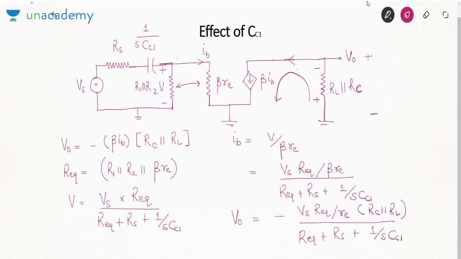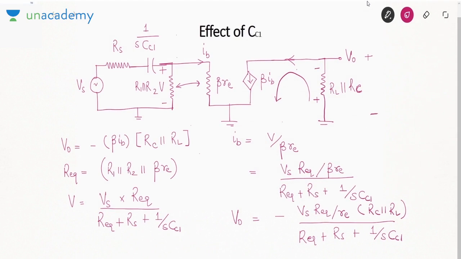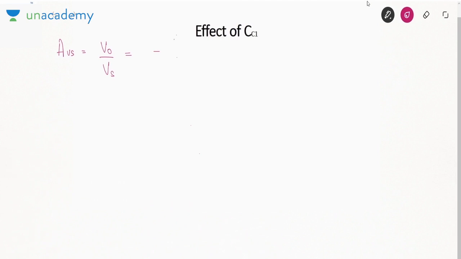Once we have this value, we can calculate the voltage gain, that is V0 by Vs. So it is minus, how much will it come? R equivalent by RE into RC parallel RL into SCC1 if we take LCM, then 1 plus SCC1 R equivalent plus Rs.